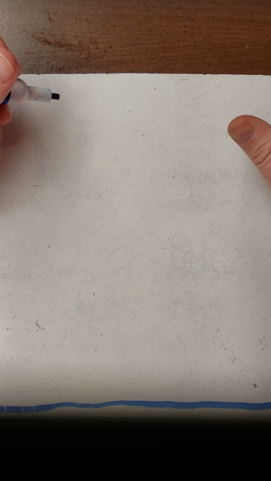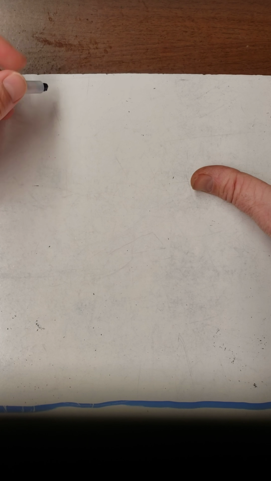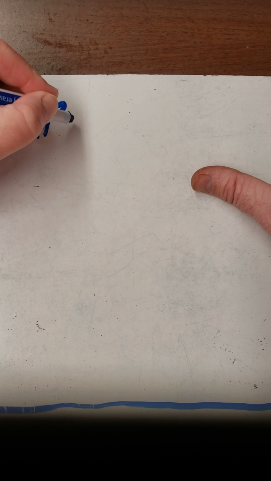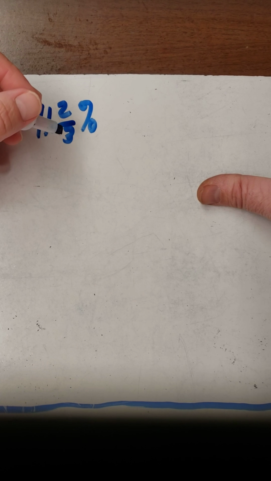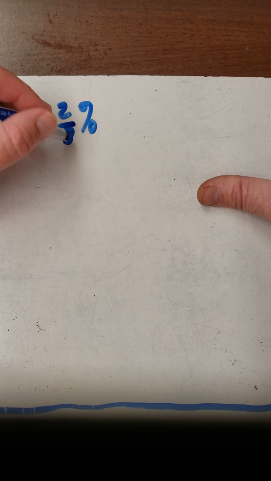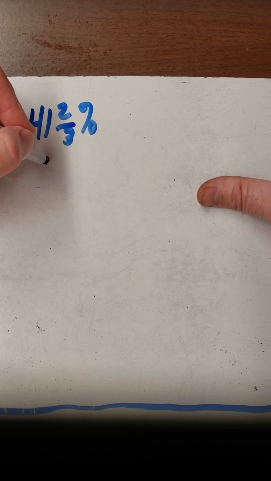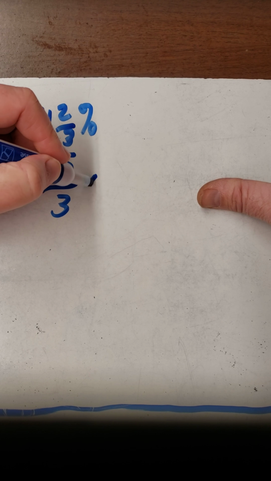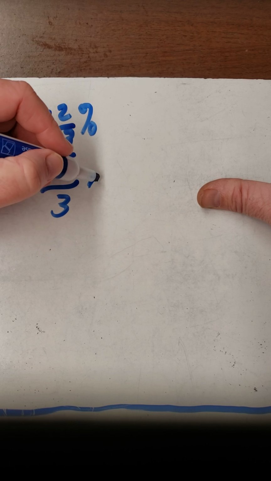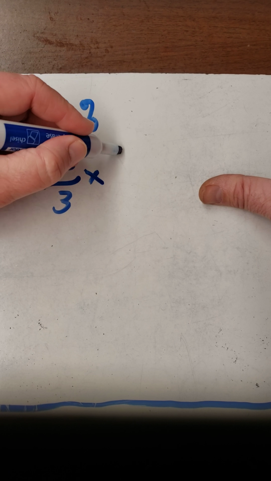So we want to put 41 2/3% into a fraction. We do that by changing this into an improper fraction, which is 125/3, and we compare it to 100. So we have to divide, and when we divide, we multiply by its reciprocal.